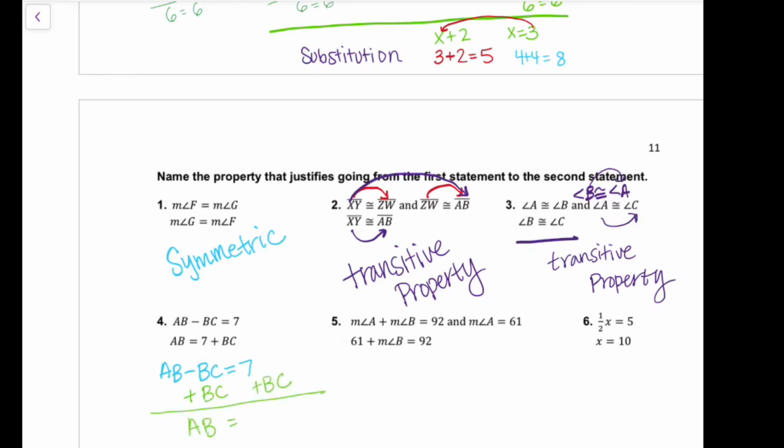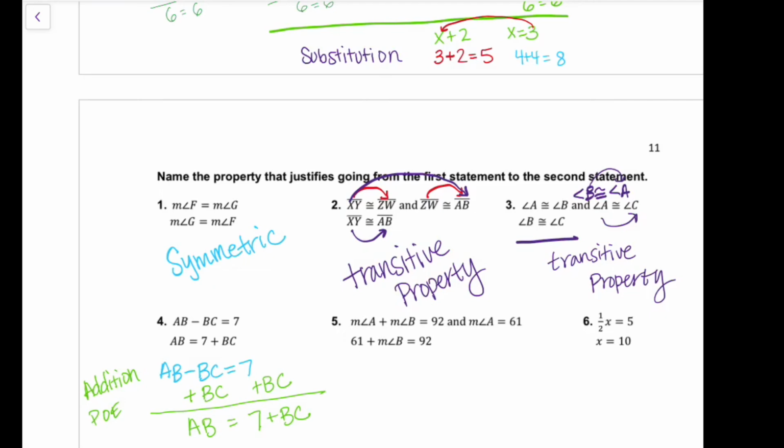On the left, we would have AB, and on the right, we would have 7 plus BC. So what we did is we added the same number to both sides. So this would be the addition property of equality. And you can go ahead and start writing POE for property of equality. It's just a shortcut so you don't have to write so much.